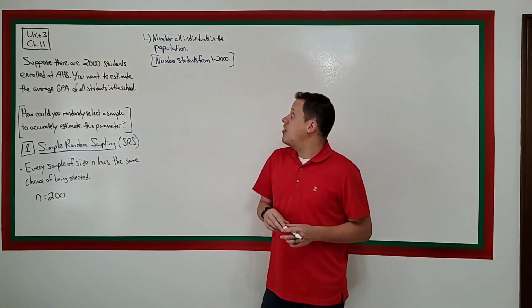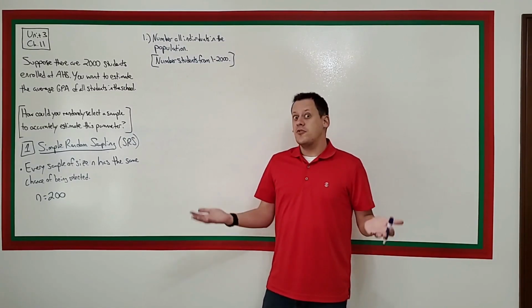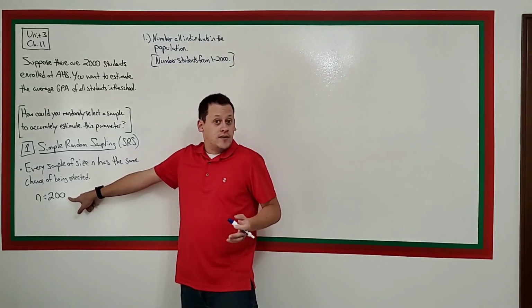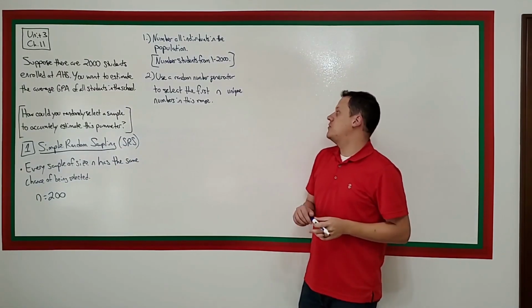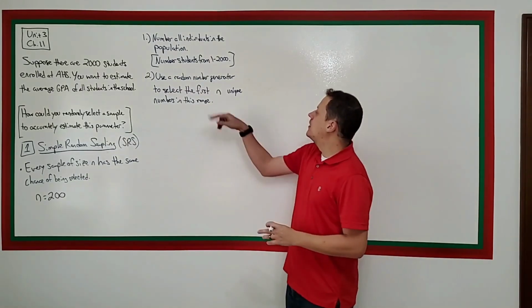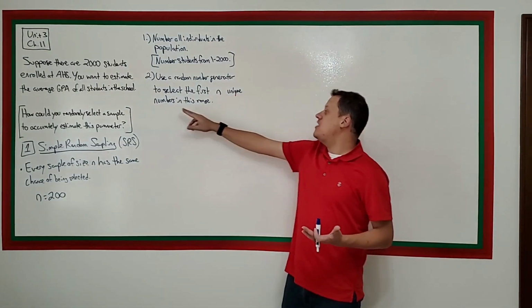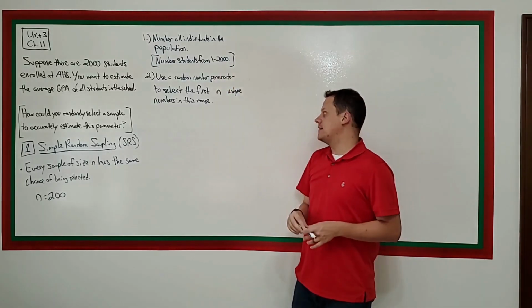Once we have all of our individuals numbered, then we just need to use some kind of random number generator to choose this many random values in this range. Right, so we need to use some kind of RNG, a random number generator, to select however big your sample size is, that many unique numbers in the range that you've created.